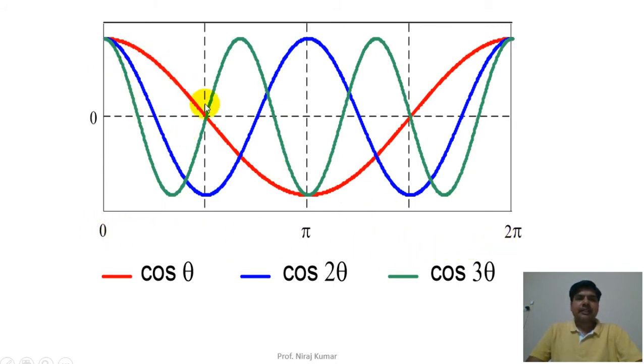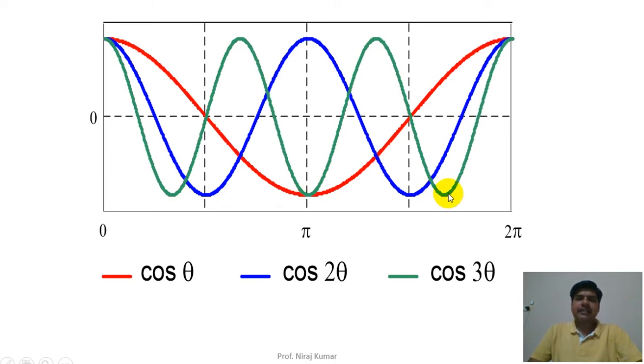Then the red color is cos theta, and the blue color is cos 2 theta. So we will have two dips, one here and another one here for cos 2 theta. Similarly, for cos 3 theta we have three lowest points, and so on.